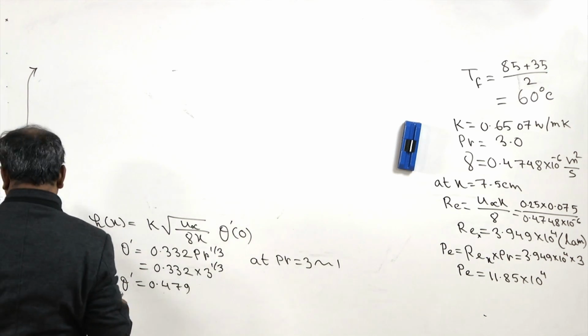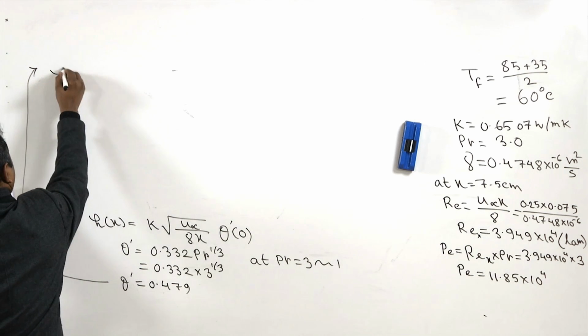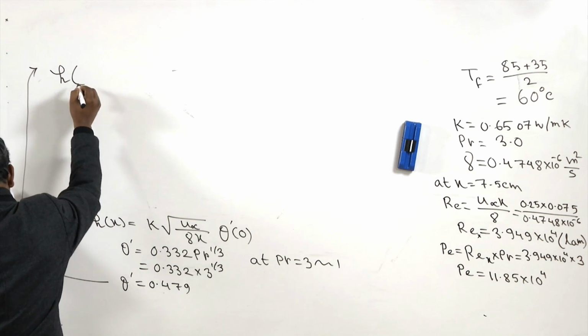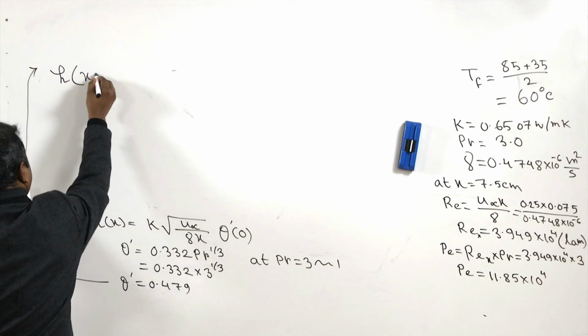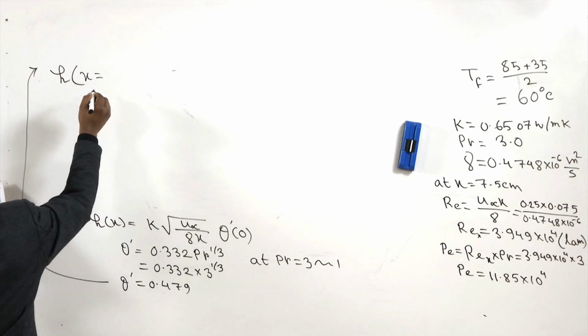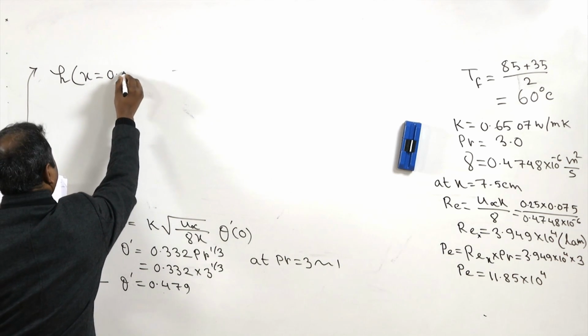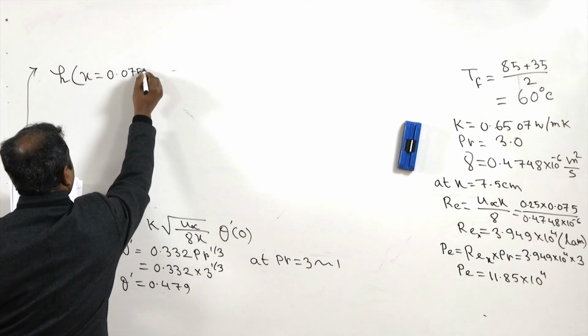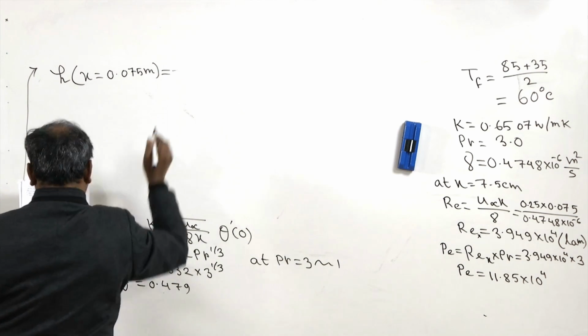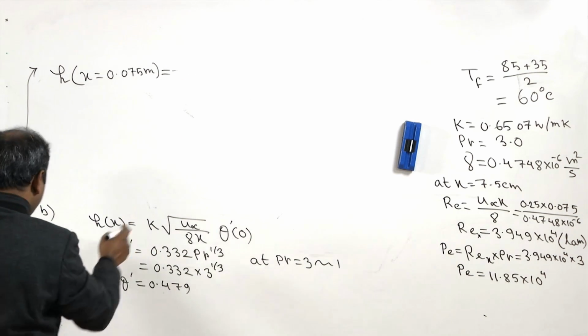So the heat transfer coefficient h at x equals first 7.5 centimeter, that is 0.075 meter. We will be using this formula.